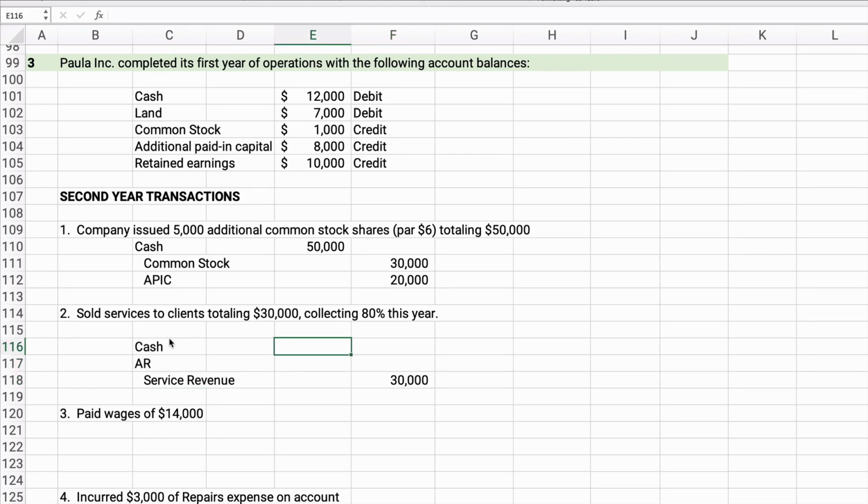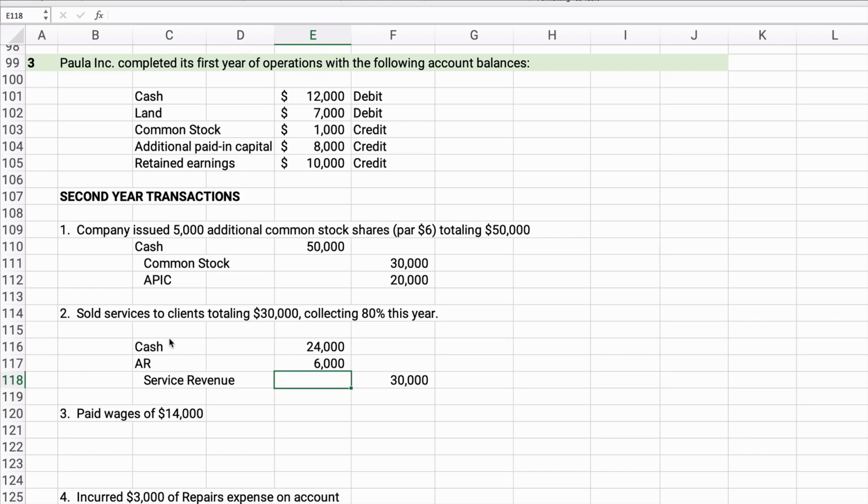Our cash is going to be 80% of that, so 30,000 times 0.8 is 24,000, and 30,000 minus the 24,000 we collected, we have accounts receivable of 6,000. So we debit cash 24,000, we debit accounts receivable 6,000, and we have service revenue of 30,000 total.